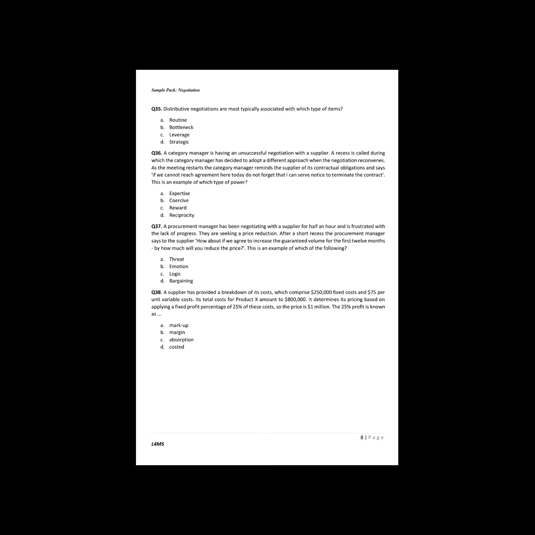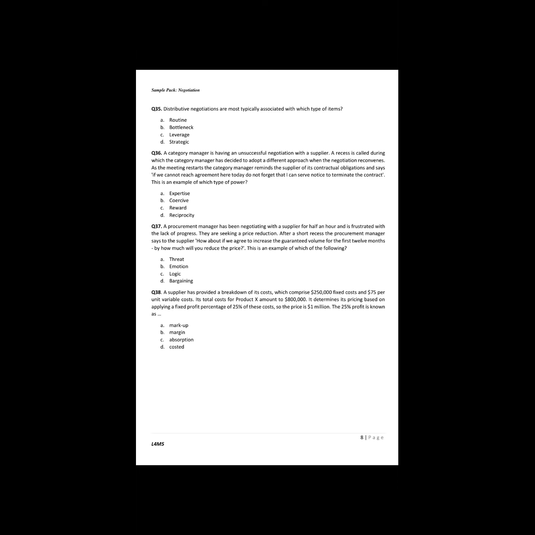A category manager is having an unsuccessful negotiation with a supplier. A recess is called during which the category manager has decided to adopt a different approach when the negotiations reconvene.